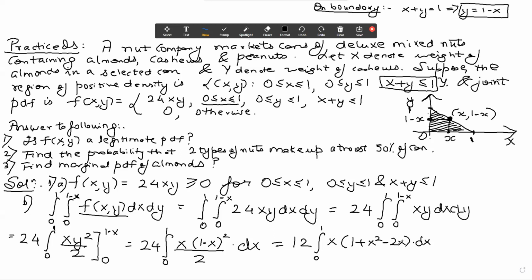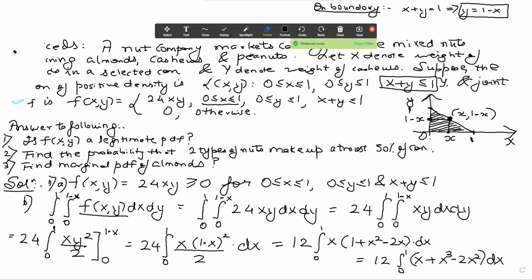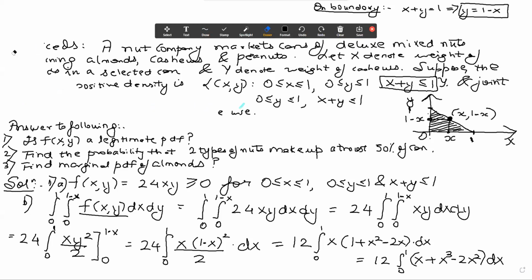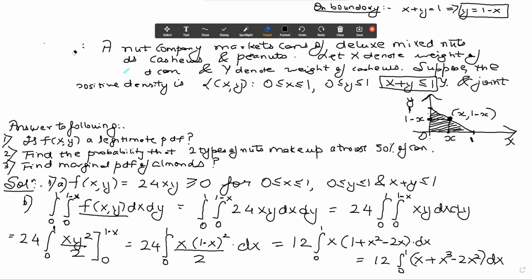So this will come out as 12 times the integral 0 to 1 of x plus x cubed minus 2x squared, dx. Now we know the question, so I am erasing this. I am erasing the question now.